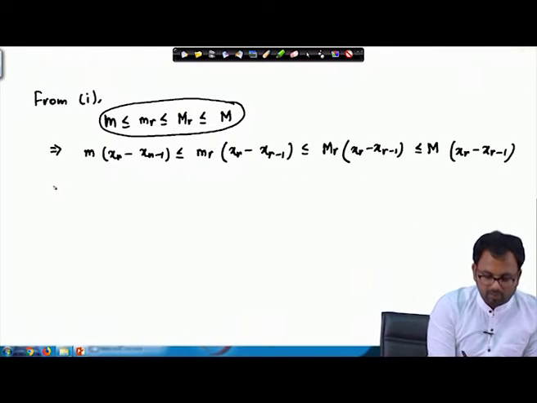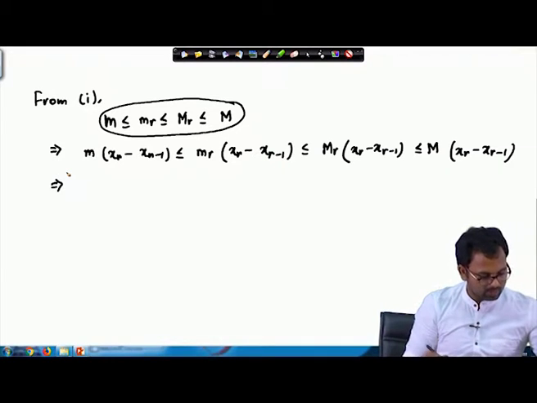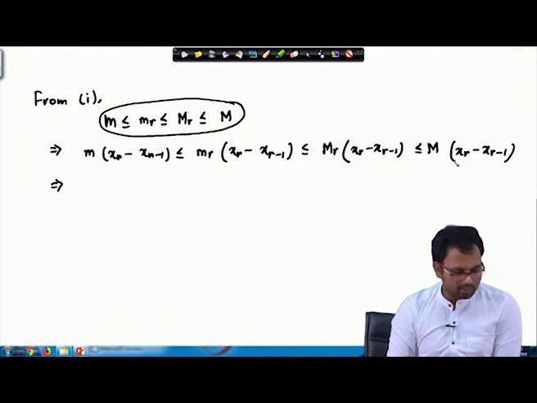Next we will take the summation on both sides. This is true for every r running from 1 to n.